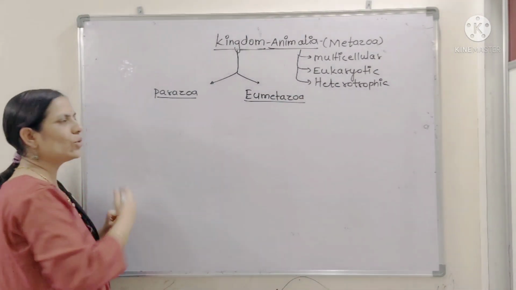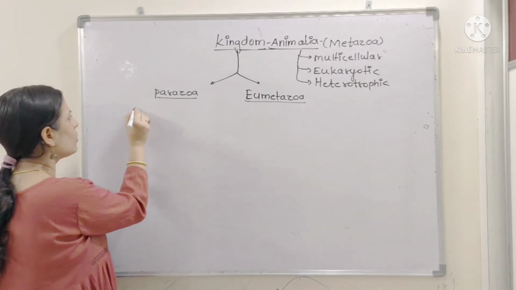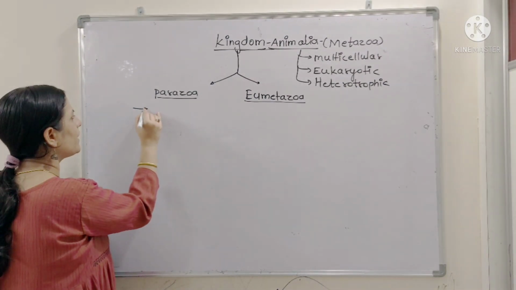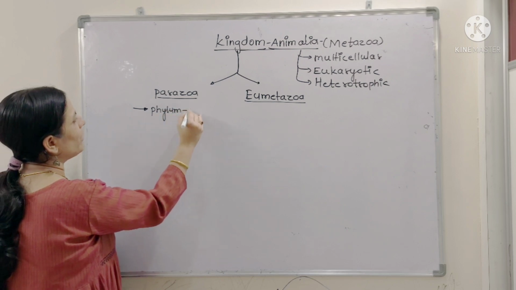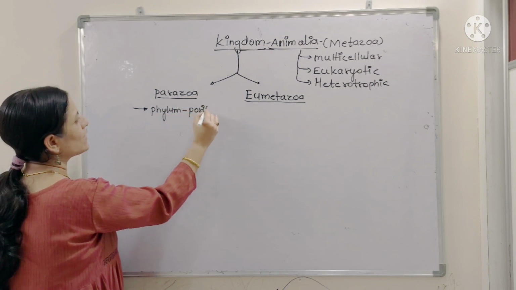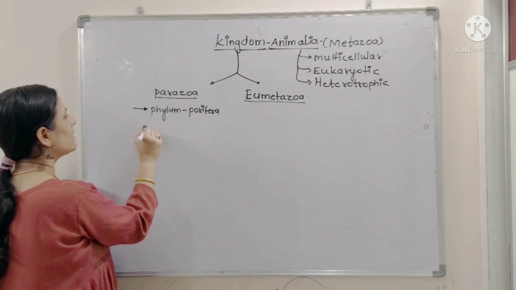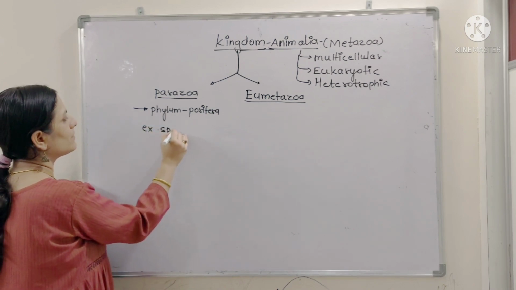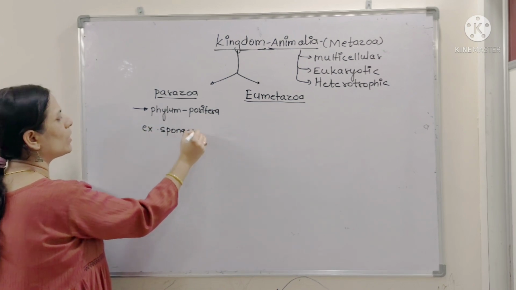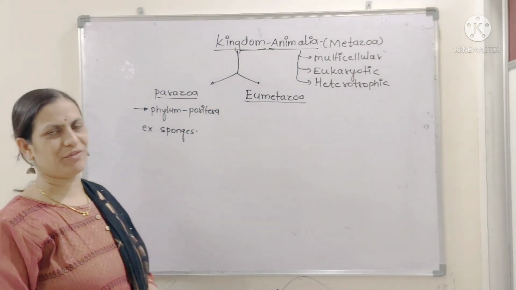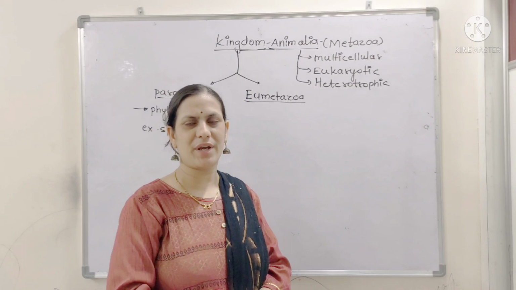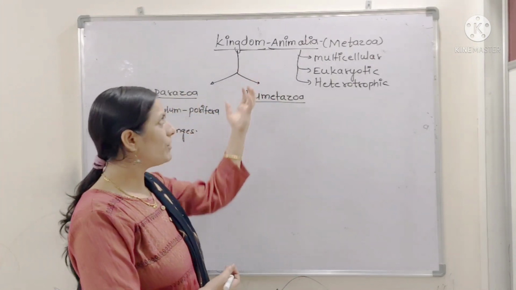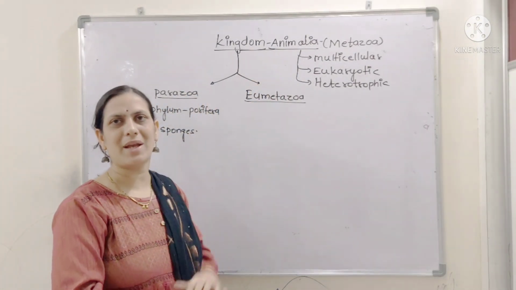Parazoa include only one phylum, phylum Porifera, which includes examples like sponges. As poriferans fulfill all these criteria, we have taken them in the kingdom Animalia.